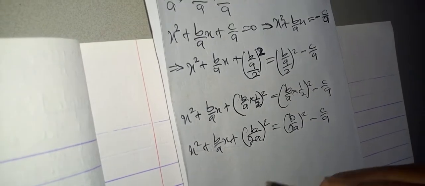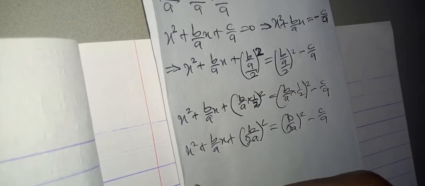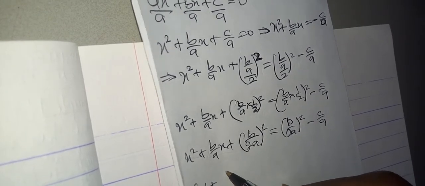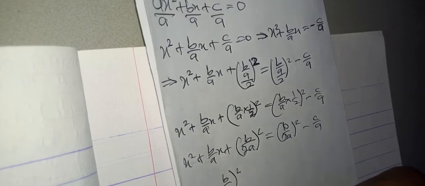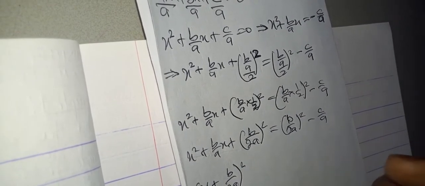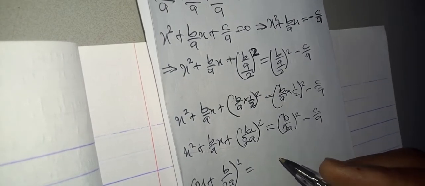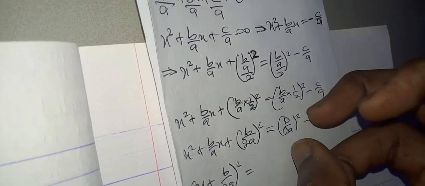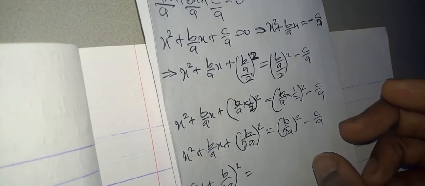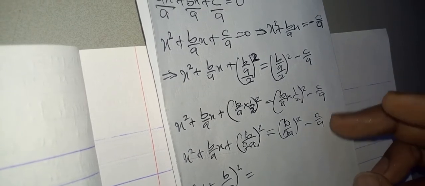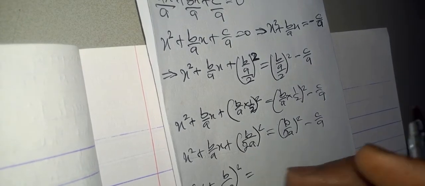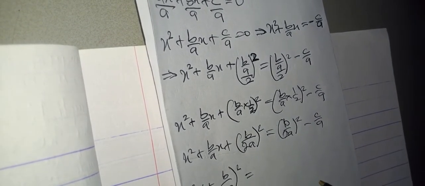Now, this will yield s plus b over 2a all squared. We know this because we are using the method of completing the square. We have to simplify the right side completely because we don't have any square on this expression, so we can't do as we have done to the left hand side.